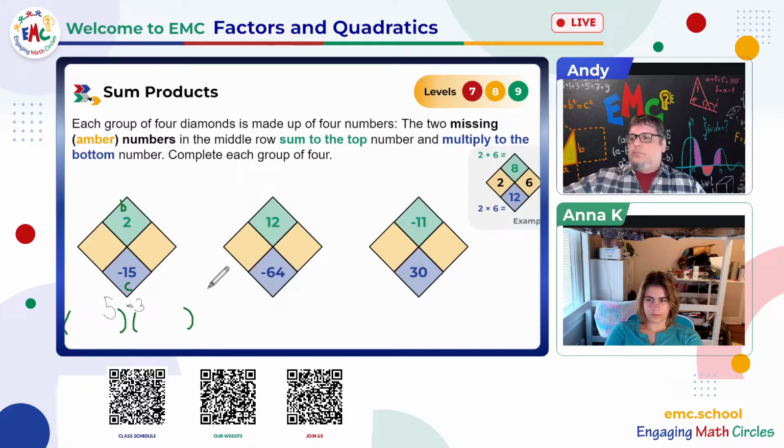So it would be x minus 3 and x plus 5. Exactly. And our original quadratic would have been x squared plus 2x minus 15.